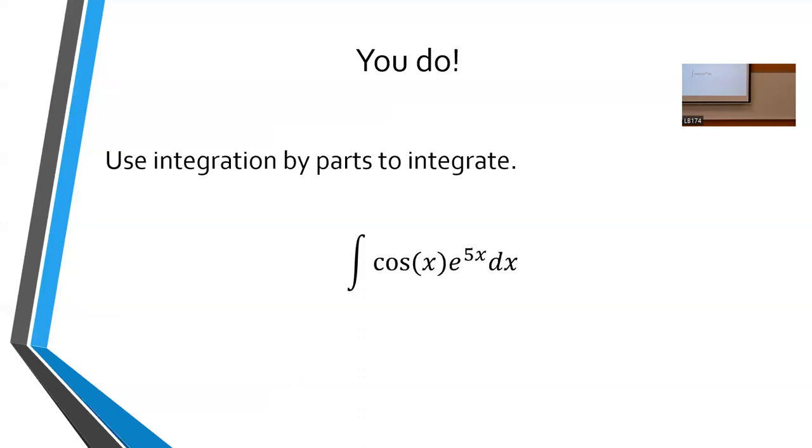Let's do one more like that just to remind us of how to do it. So let's integrate cosine of x times e to the 5x with respect to x.